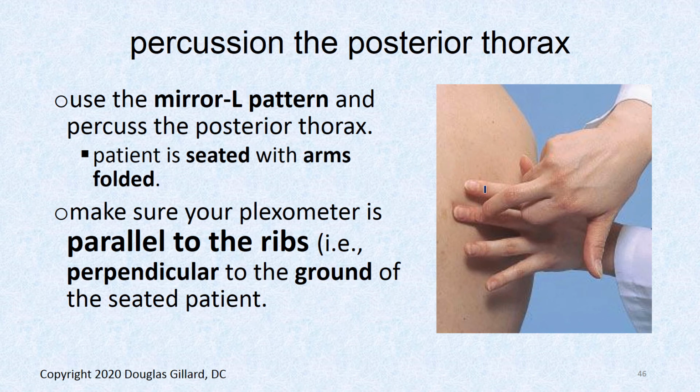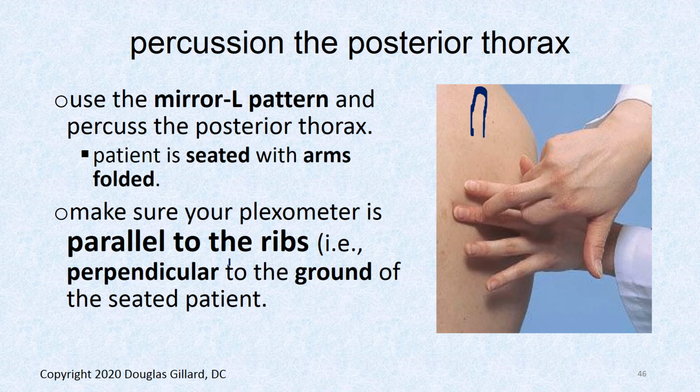The key is to make sure your finger is parallel with the floor or perpendicular to the ribs. You want to try to get your finger in between the ribs, the intercostal spaces. If your finger's going this direction, then you're over the ribs. You're not going to get a very good percussion note that way. So make sure they're parallel to the ribs, parallel to the ground.